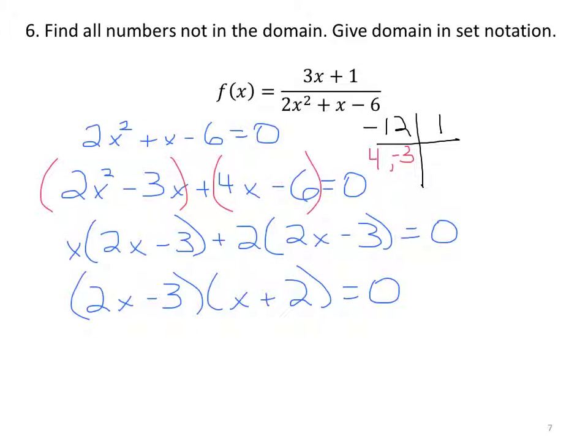Now we need to find out what values of x make each term equal to 0, because the zero factor property says that if you have two terms multiplied together and they equal 0, then at least one of them must be 0. So we're going to say 2x minus 3 equals 0 and x plus 2 equals 0.